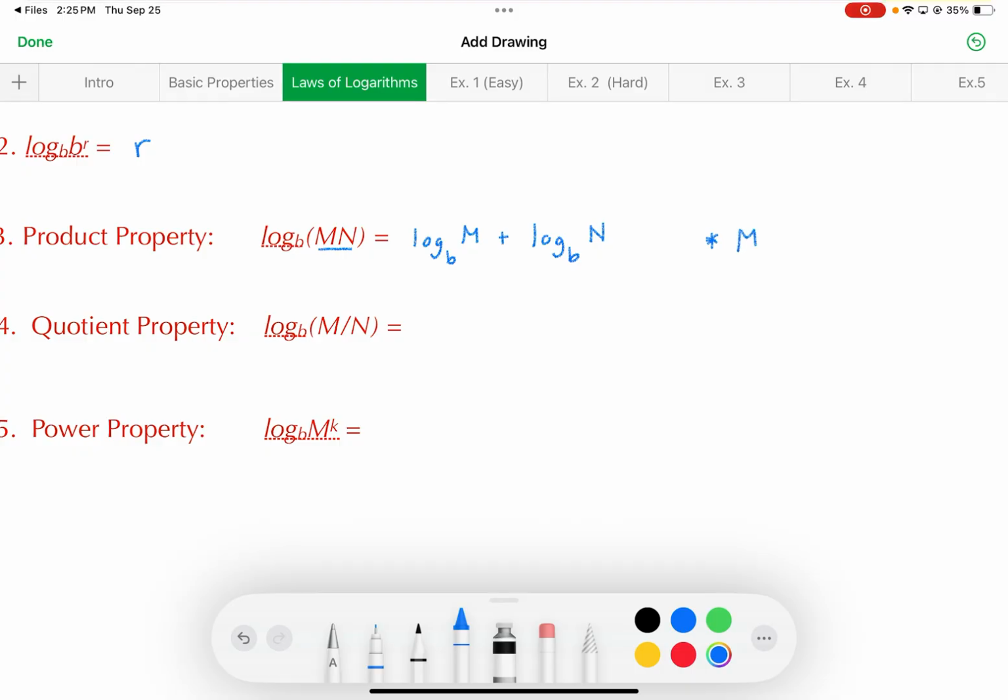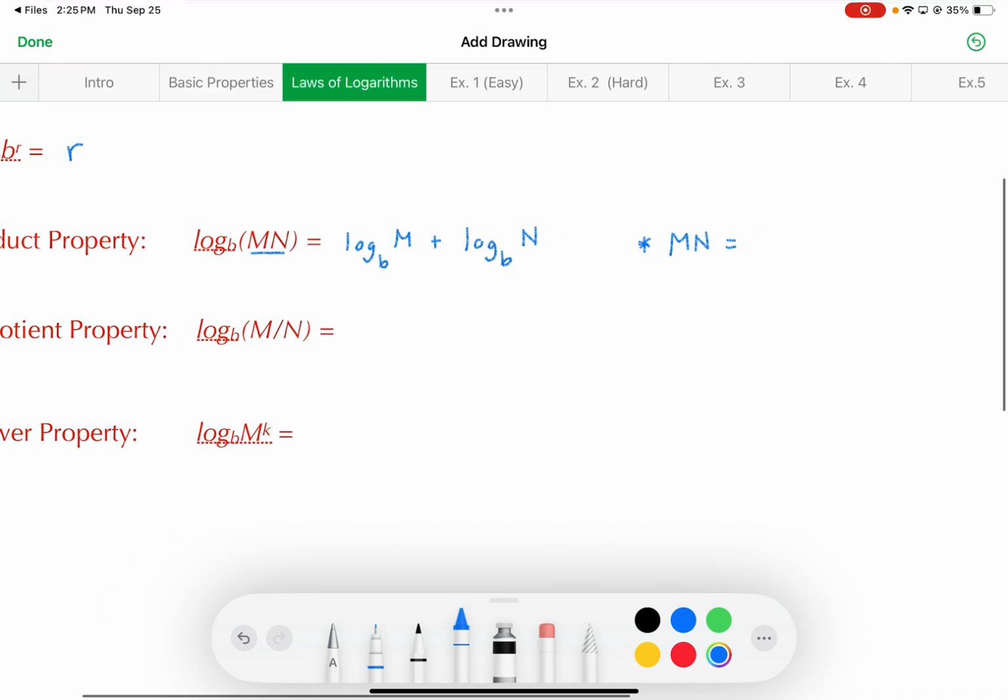So again, the argument there is m times n. Let's say m is thought of as b to the power of x, and n is b to the power of y. What would you do with the powers of x and y when we're multiplying there?